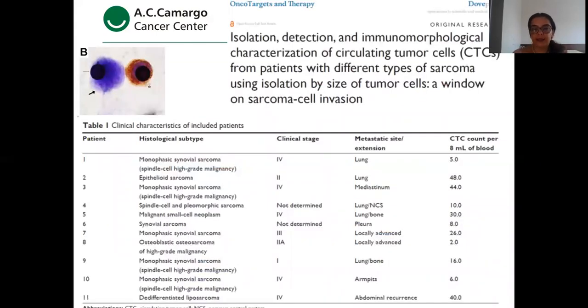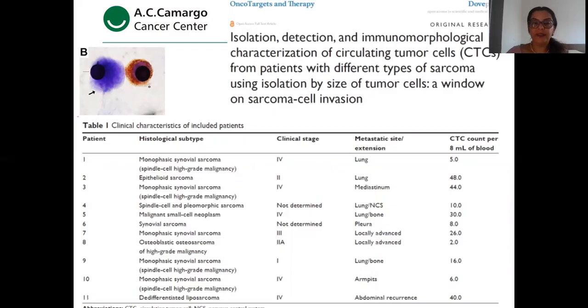We have worked at AC Camargo Cancer Center with circulating tumor cells using ISET since 2011, and we have some papers published with solid tumors. Then we asked if we can use ISET to isolate circulating tumor cells from the blood of patients with sarcoma.